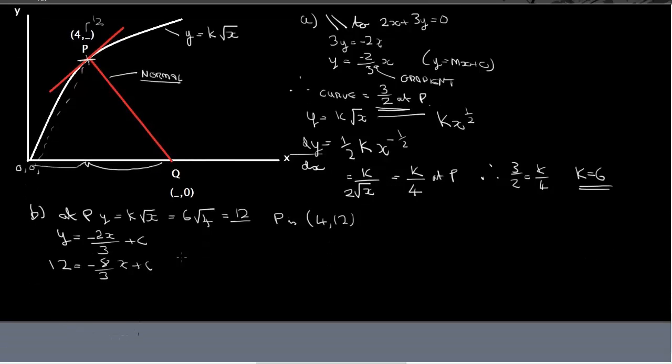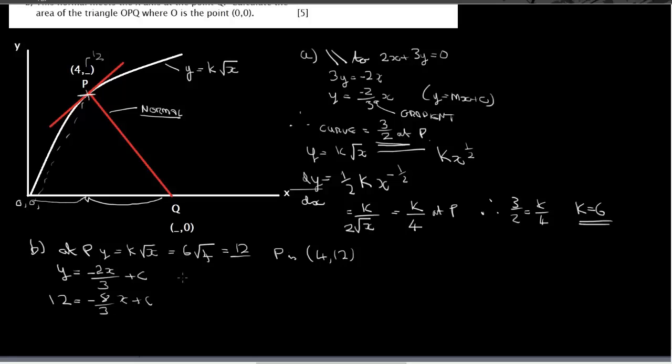So substituting there, we get 12 equals minus 8 over 3 plus c.